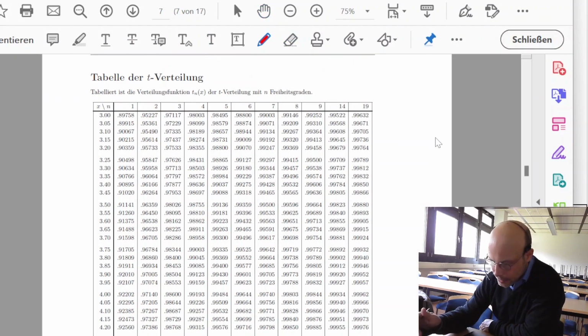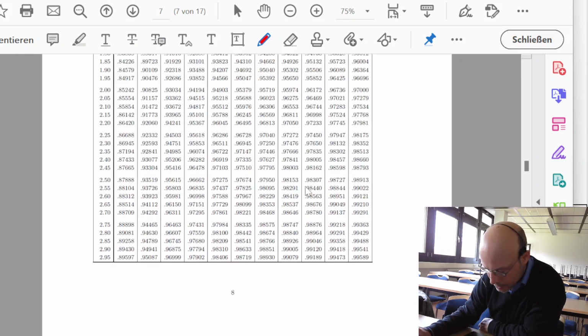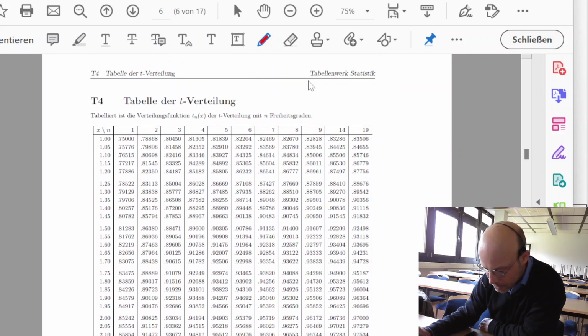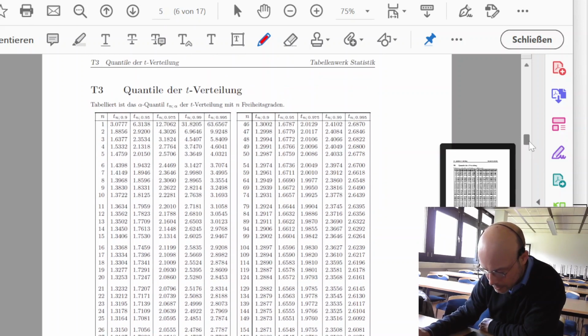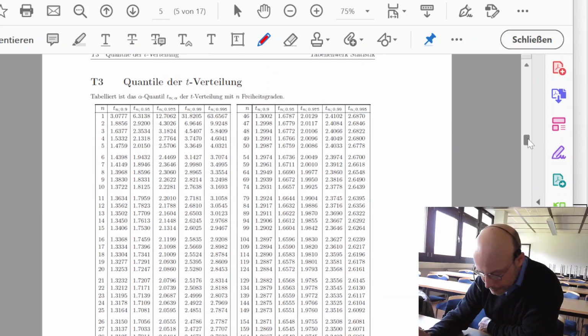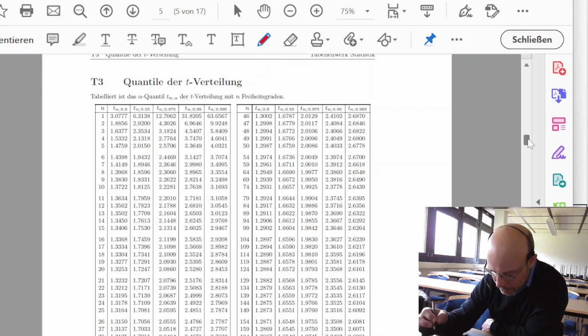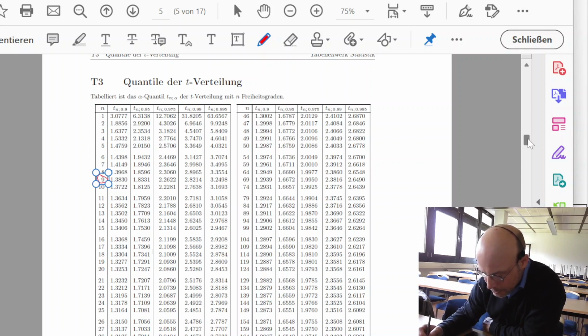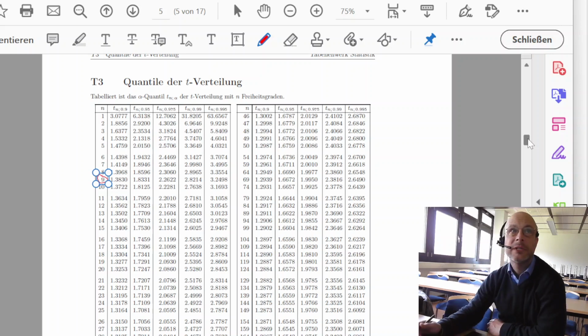So we need n equals 9, and 90 and 99%. So we need this table here. n equals 9, then we are at this point, and we need a confidence level of 90%.